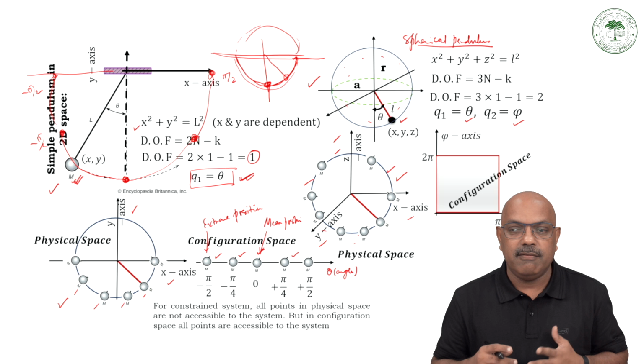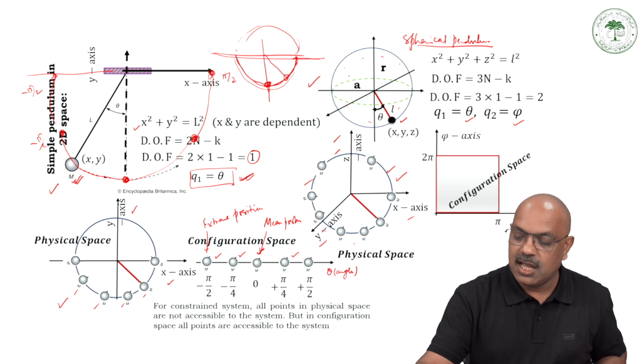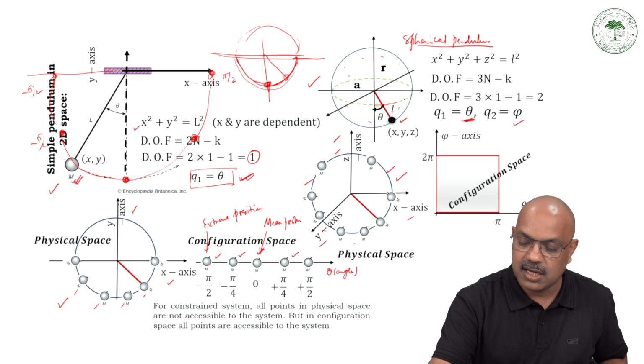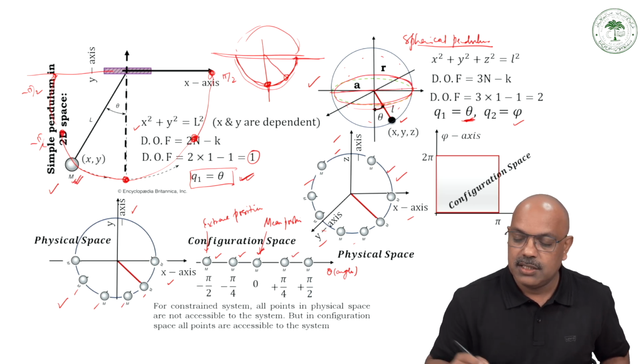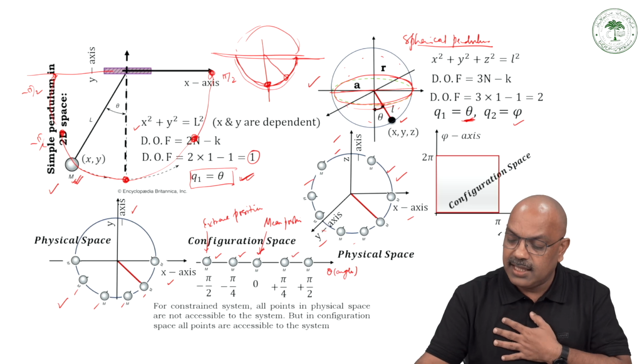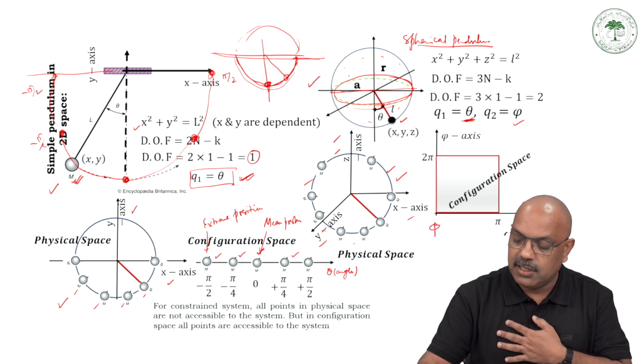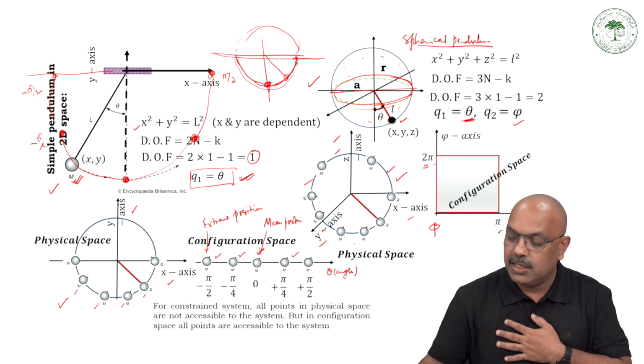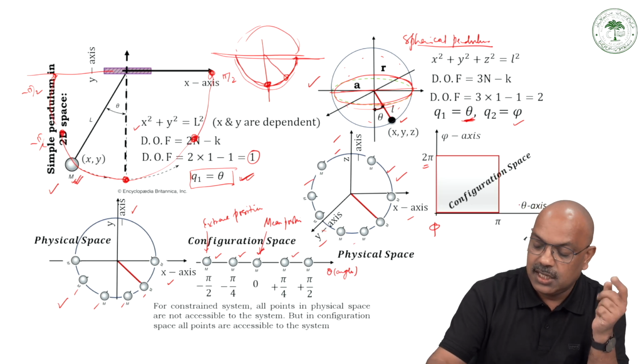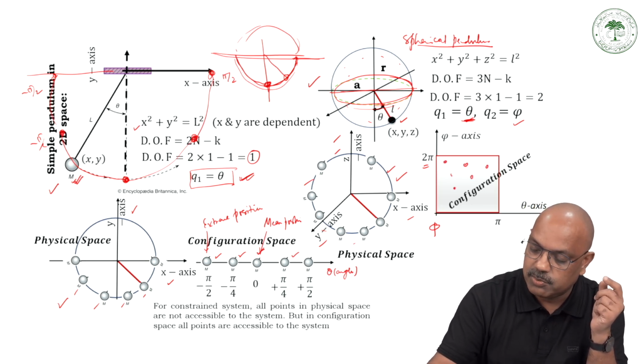But in configuration space, theta can vary from 0 to pi, and phi is going to have 0 to 2 pi. So in configuration space, this bob can be anywhere in this plane.